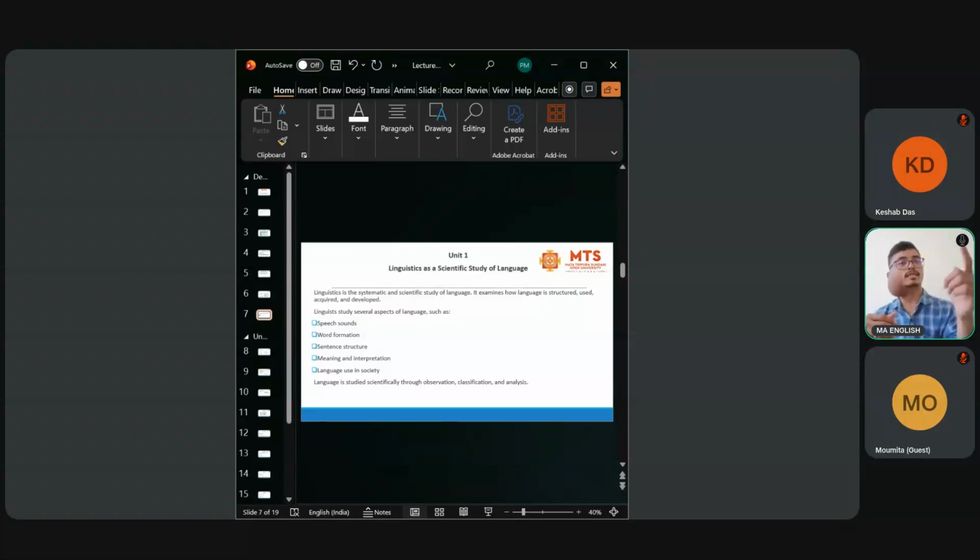Systematic method, scientific evidence. When you speak, you are unconsciously following complex rules of grammar, sound, and meaning. Linguistics makes those unconscious rules visible and understandable. So language is studied scientifically through what?